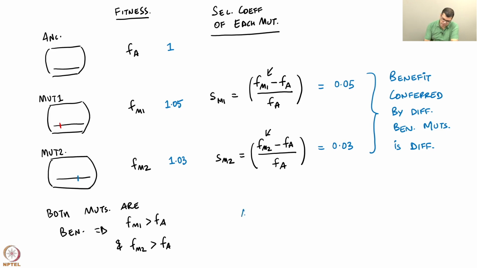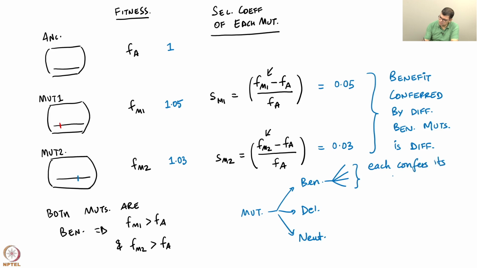So, when we said that mutations can be classified into three categories: beneficial, deleterious and neutral, now what we are saying is that within beneficial, not all beneficial mutations are the same, because each confers its own benefit or increase in fitness.